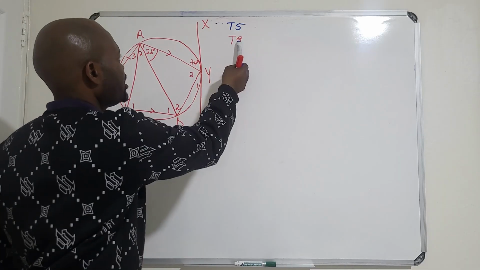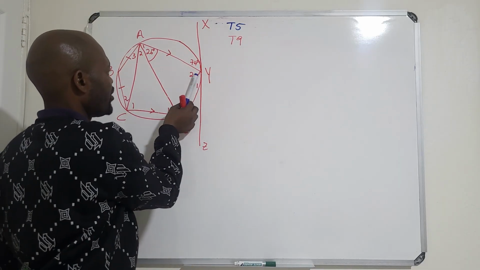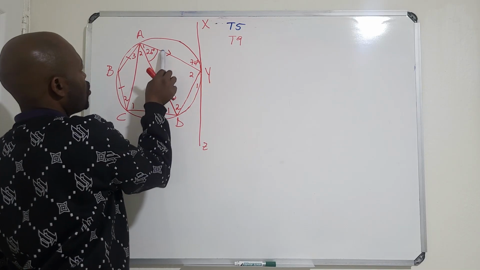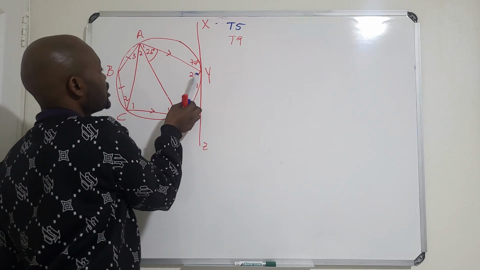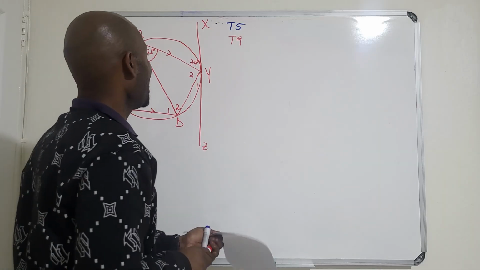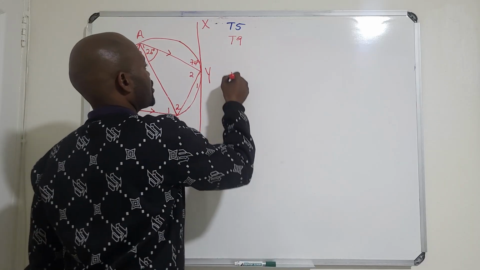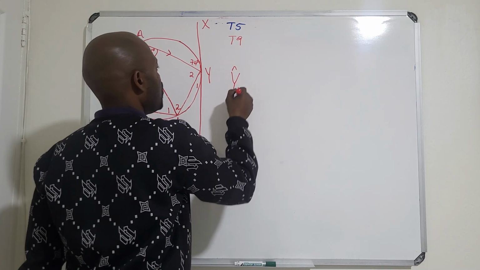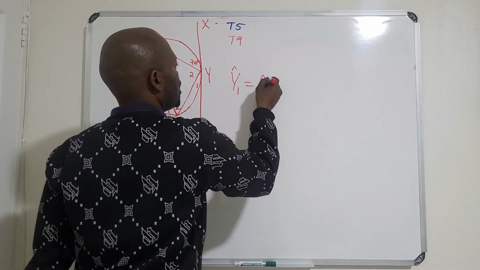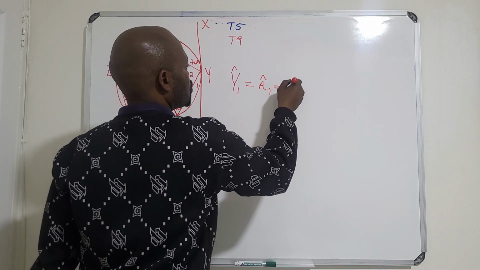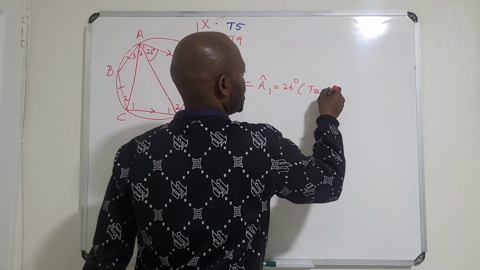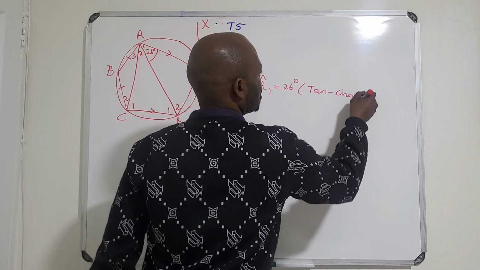That's theorem number 9, the tan chord theorem: the angle made by the chord and the tangent is equal to the angle in the alternate segment, or the angle subtended by the very same chord. Now, obviously here, angle Y1 is equal to angle A1, which is equal to 26 degrees. Reason: tan chord theorem.